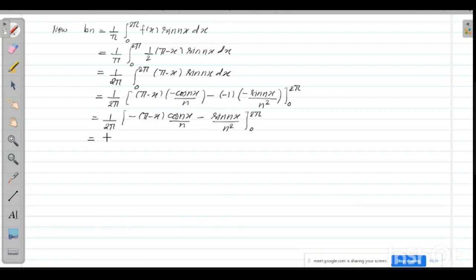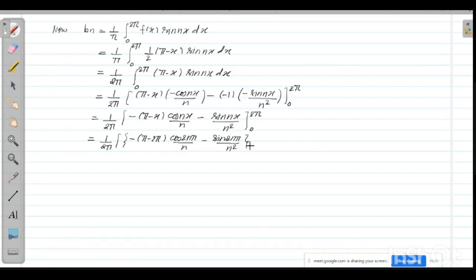Okay, so this is equal to 1 upon 2 pi. Okay, providing the upper limit. What is the upper limit? 2 pi. So negative sign as it is. Okay, and (pi minus 2 pi) and cos 2n pi by n, and minus sine 2n pi by n square.